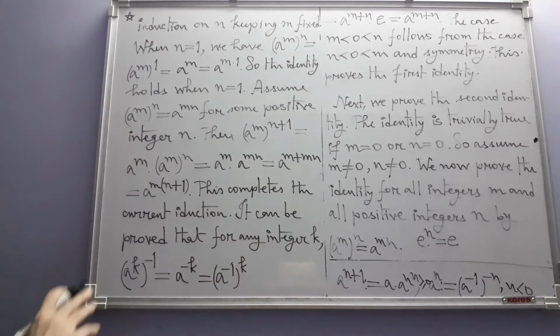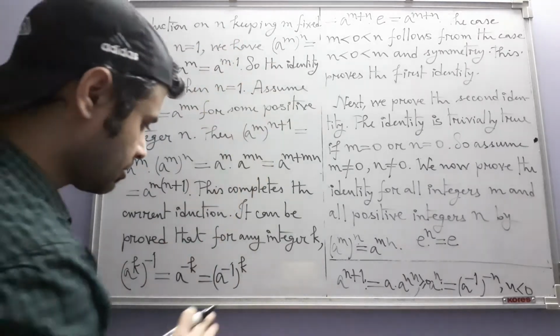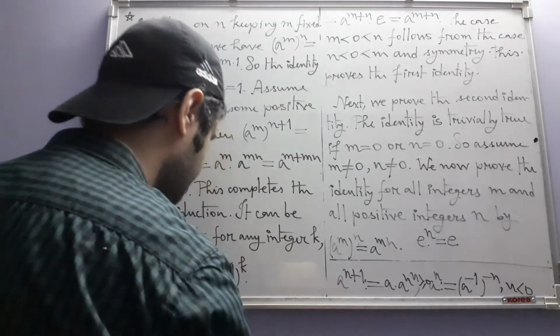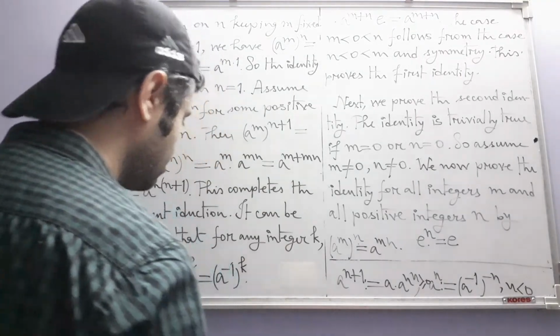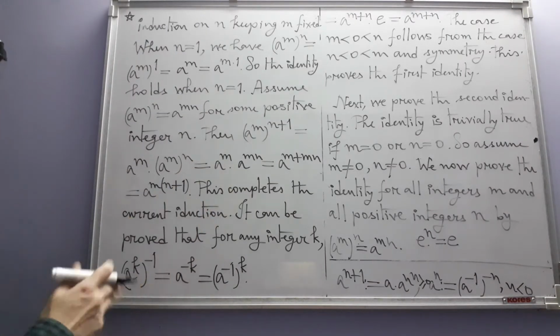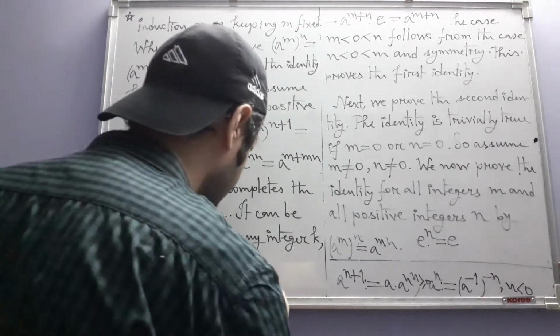This also you can prove just like that other one. I am not commenting anything more on this. And now we are going to use this and settle the last case where n is negative.